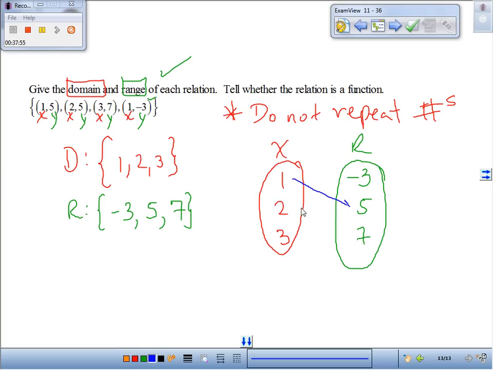What's the next point? 2 to 5. 2 to 5. Next one, 3 to 7. And the last one, 1 to negative 3. By looking at it, does one of the x's have 2 different arrows? Yes, therefore this is not a function.